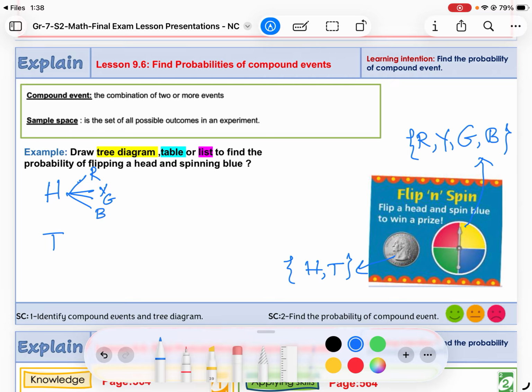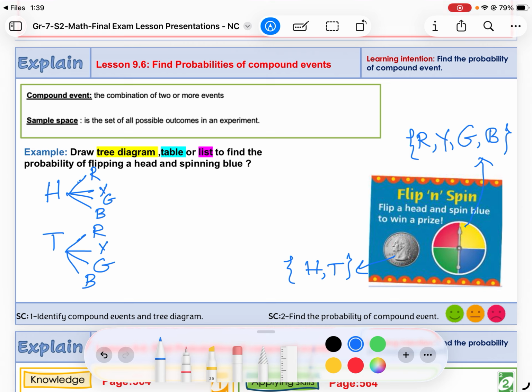The same thing for the tail. If I toss the coin and I got a tail, my second event will also have the same options. Either I'll get tail with red, tail with yellow, tail with green, and tail with blue. And that's it. I know it's not a fancy tree diagram, but if you do the same, that's it.